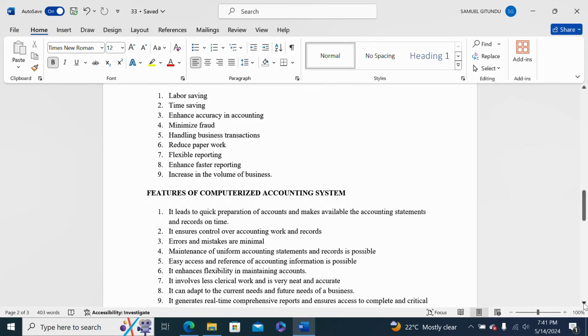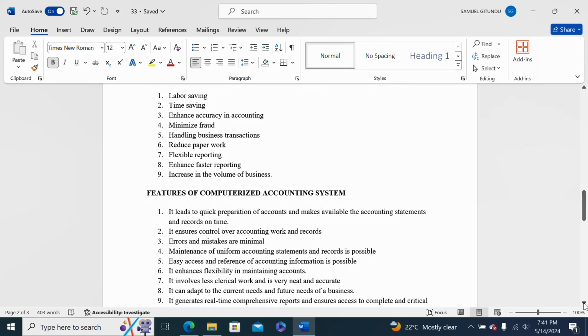Then it can adapt to current and future needs of a business. These computer accounting systems are able to adapt to the needs of a business in the current and in the future because they can be improved. They are able to change with the technology.